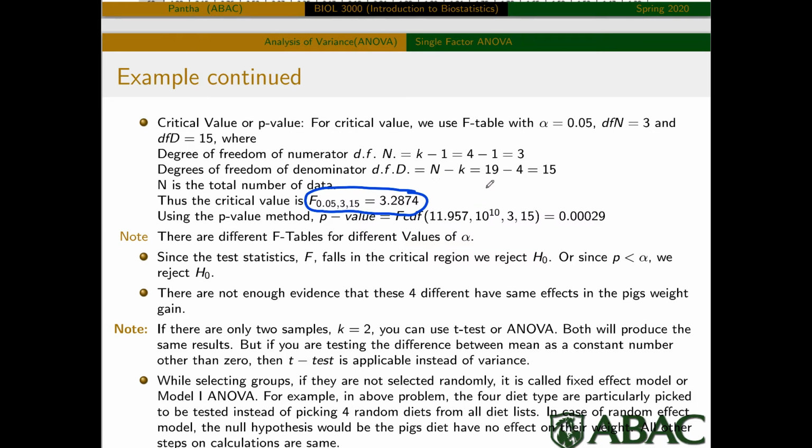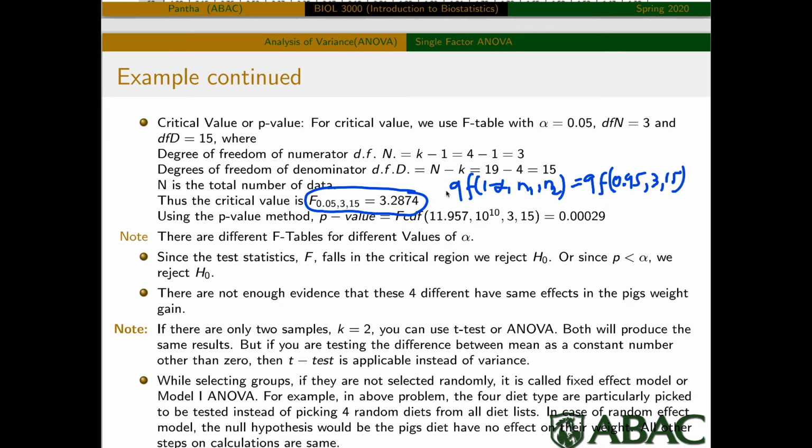But if you have to use R, do you remember what code we did? We did qf to find the critical value. We did qf and then 1 minus alpha, and then n1 and then n2. So what is 1 minus alpha? It is 0.95. You see that? And then n1 is 3 and n2 is 15.